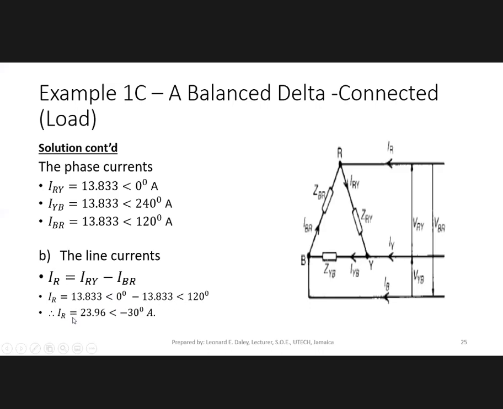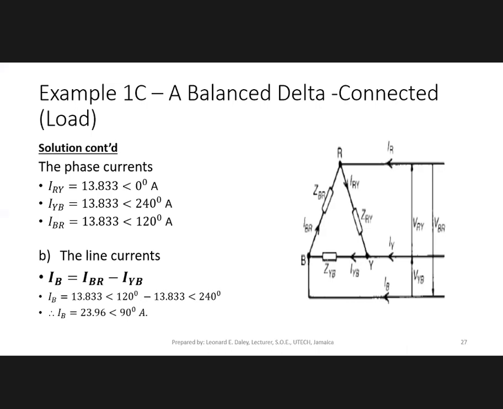So IR works out to be 23.96 at angle minus 30 degrees. I think I left it there. I didn't bother to go to the positive. Similarly for IY, it's 23.96 at angle minus 150 after we substitute the values.